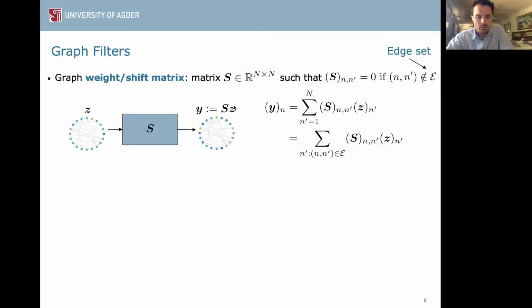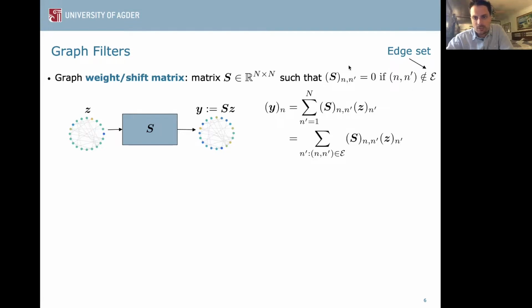So if we multiply a shift matrix times a graph signal, then what we obtain is clearly another graph signal, because this is a vector of length N, and just by the definition of matrix-vector product, the nth entry of y is given by this sum here.